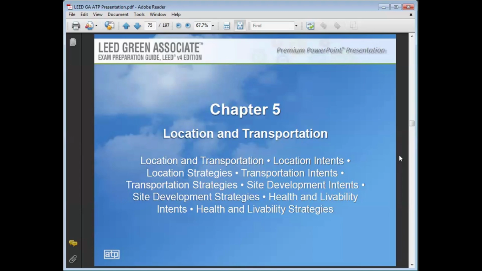So these parameters towards the definition of the site for any functional need that we establish, we have to understand how that site will be assessed, how our existing site conditions are, and how to manage those gaps which are prevailing on the site towards its further development. Some of the key areas will be location intents and strategies, transportation intents, how those will be managed, and how we are going to opt for the transportation strategies. The way we have developed our intent will lead towards developing a strategy. Then the site development intents and strategies, health and livability intents, and health and livability strategies.